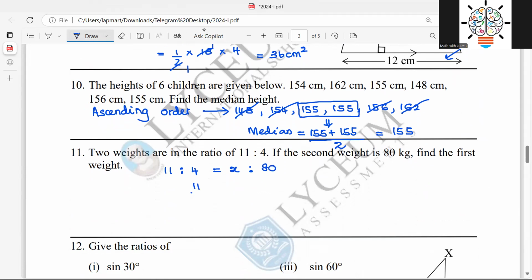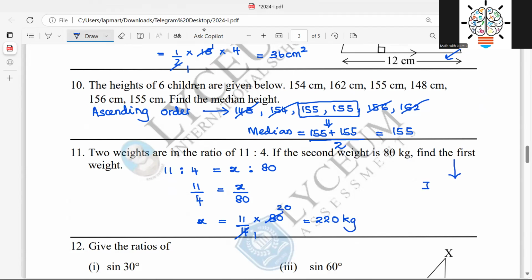So if I write 11 over 4, and x over 80, how can you find the x value? 11 multiplied by 80 divided by 4. 4 times 1, 4 times 20. Then 11 multiplied by 20 is 220.